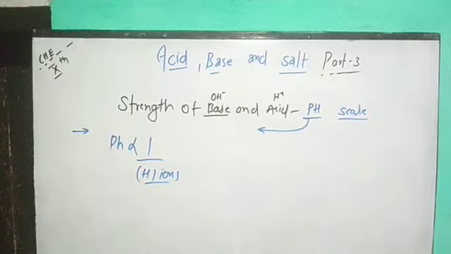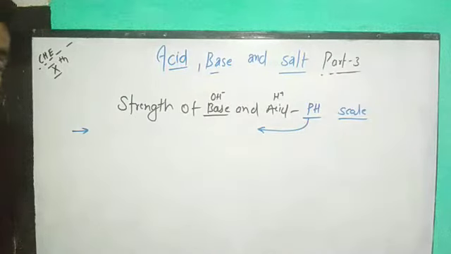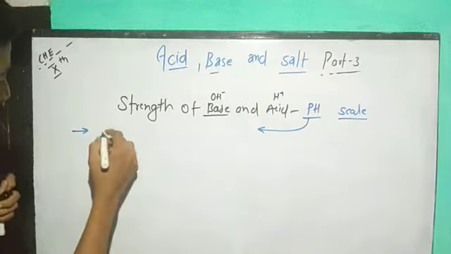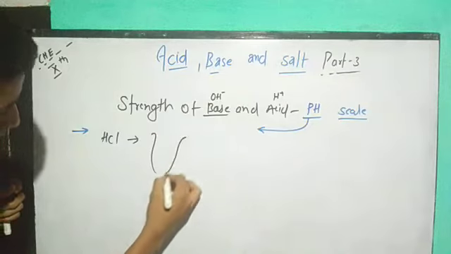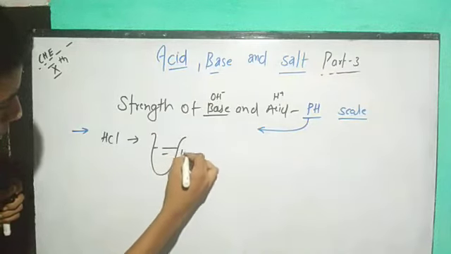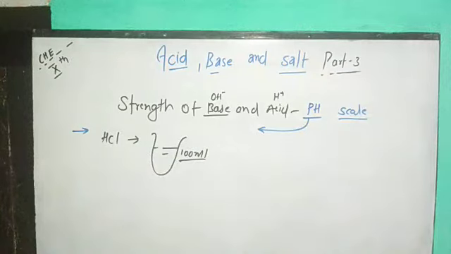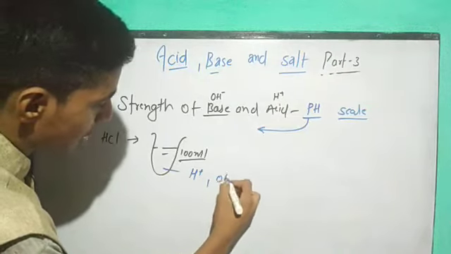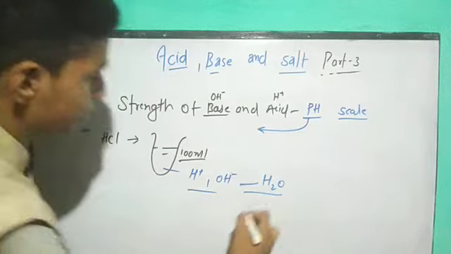Now suppose we mix the acid HCl with water, with 5 gram of HCl mixed in a beaker of 100 ml of water. Here we can't say that only H plus ion is available. Even in water, H plus ion and OH ion are both available, and they form the equation H2O.